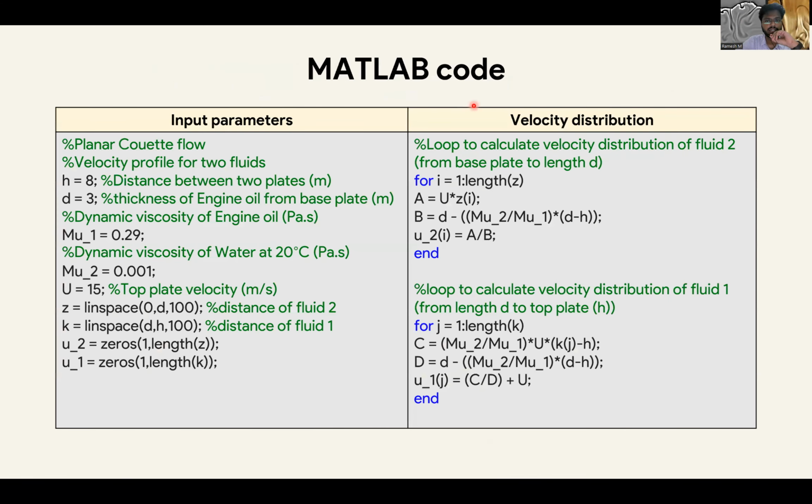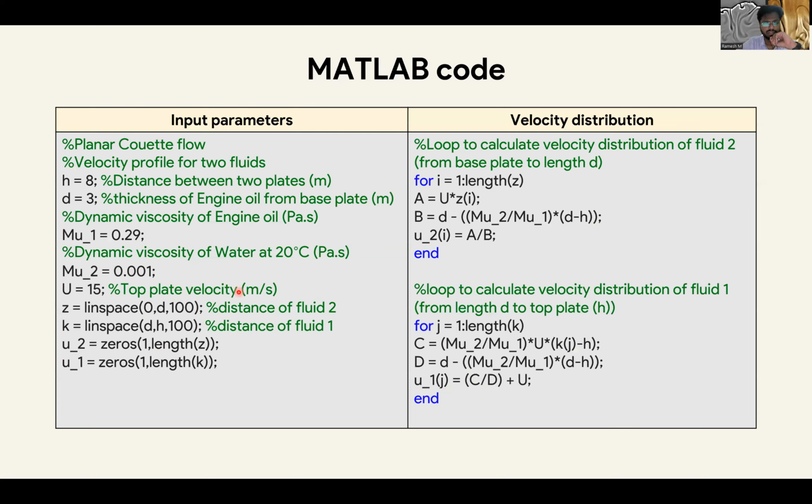So for the MATLAB code, these are the input parameters. Again, there are no values given in the question, so I assumed the values. These are all in SI units, and mu1 and mu2 are the dynamic viscosities of water and engine oil. These are taken from the internet, and I use the maximum velocity of the plate.